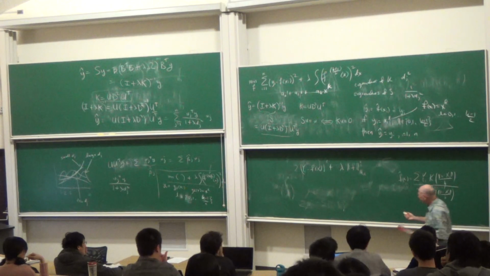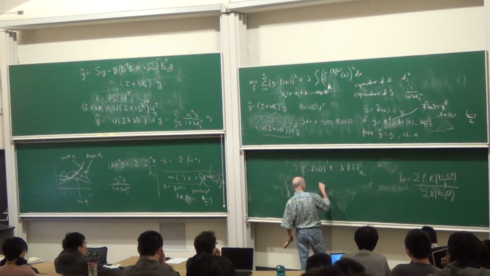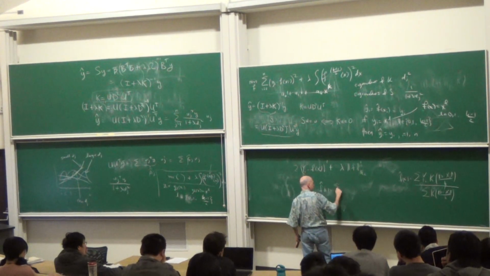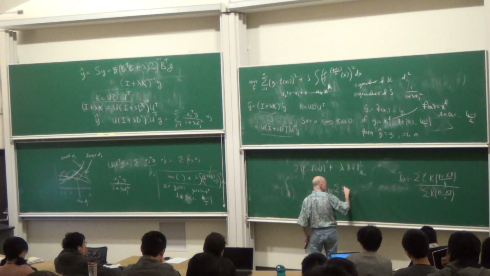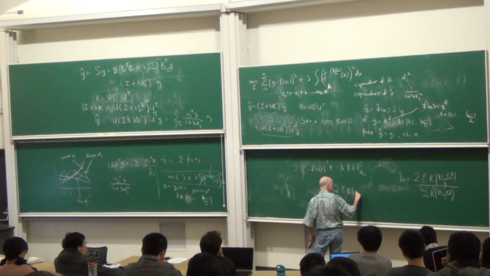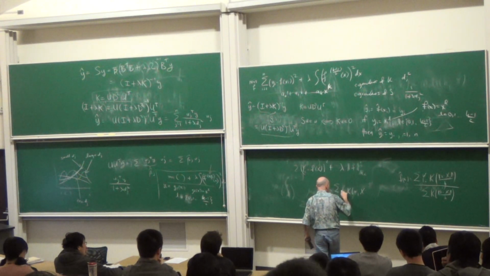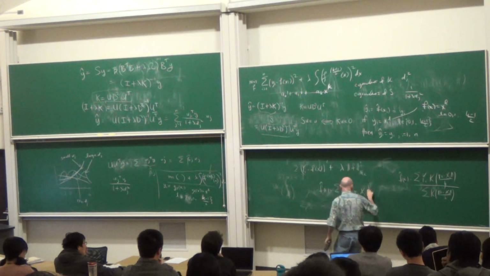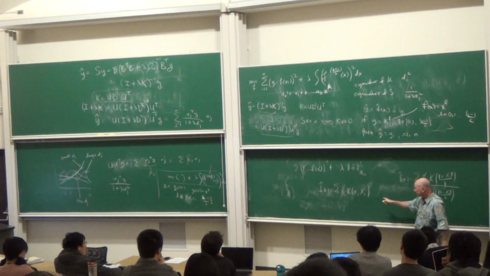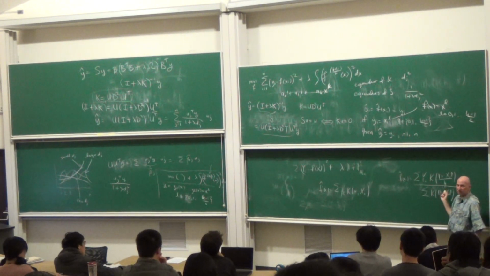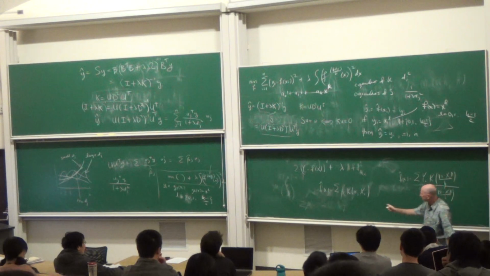So remember, what is the reproducible kernel Hilbert space estimate? I think Ryan told you, right? It's some linear combination of the kernels. That's the estimator you get, which looks a lot like this, but it's got a particular form. These betas are allowed to vary.